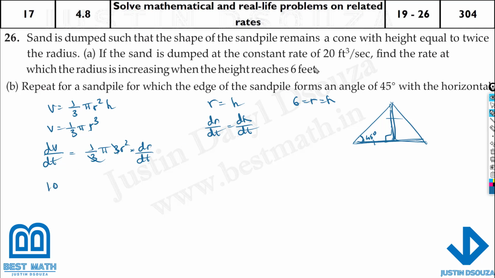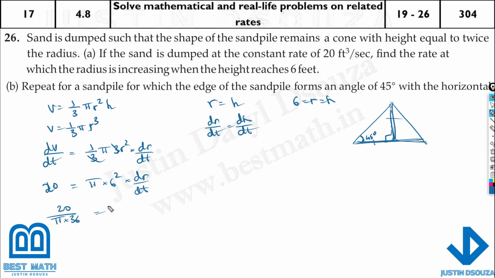The rate was 20, not 10. I'm sorry, it's 20 over here. They've given over here the rate of change of volume basically. That is equal to pi, r square is 6 squared, and then we have dr by dt. So let's take this to the other side. It will be 20 divided by pi times, what is 6 squared?